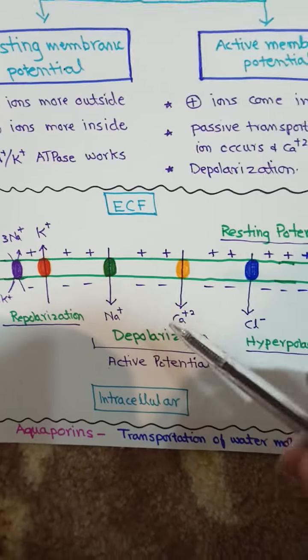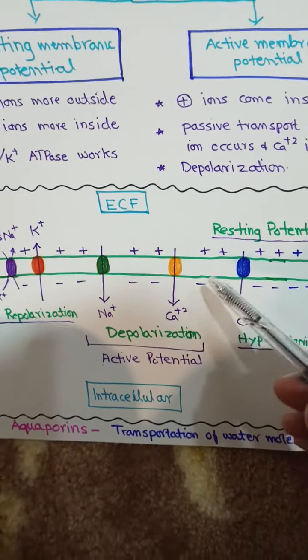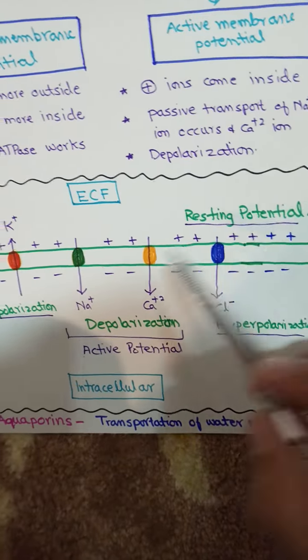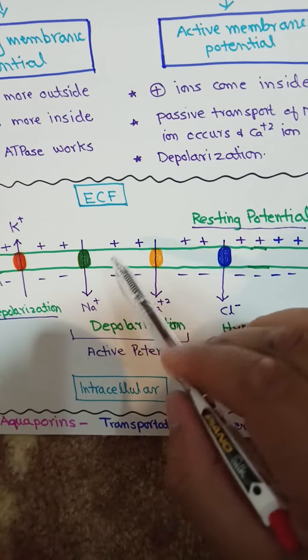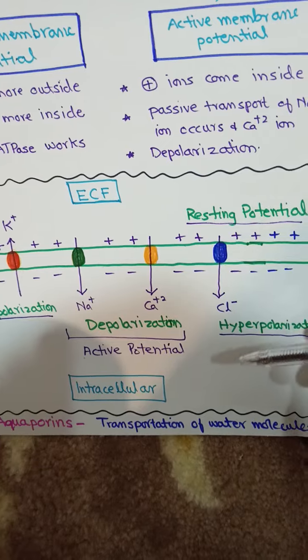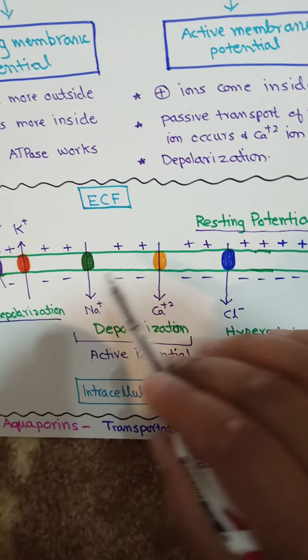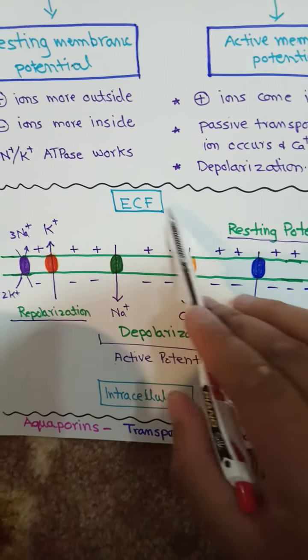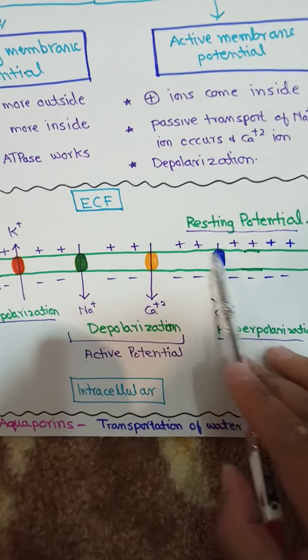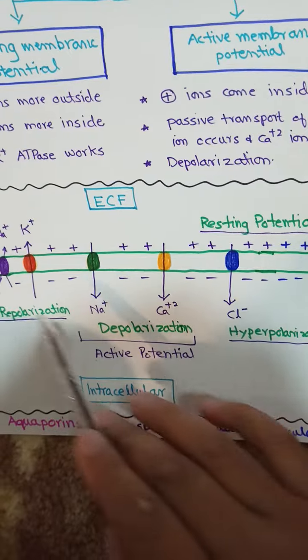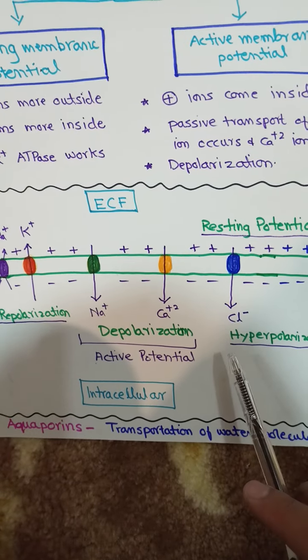If you look at the different transport channels and membrane potential, we know that sodium ions are more outside and potassium ions are more inside. So in the resting membrane potential, the membrane is more positive towards the outside in the extracellular fluid and negative towards the inside.